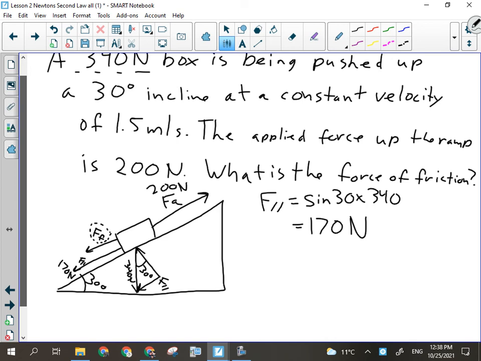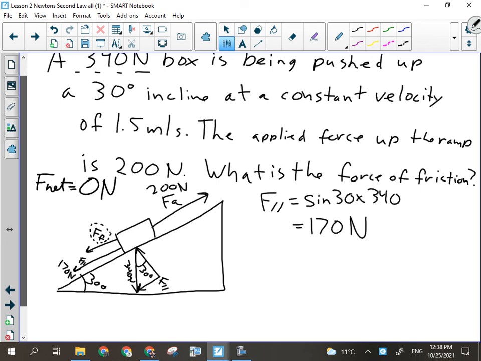Let me read the question again and emphasize the really important part. A 340 newton box is being pushed up a 30-degree incline at a constant velocity. What's the acceleration in this question? What's the net force in this question? Ah, okay. So F net equals 0 newtons.